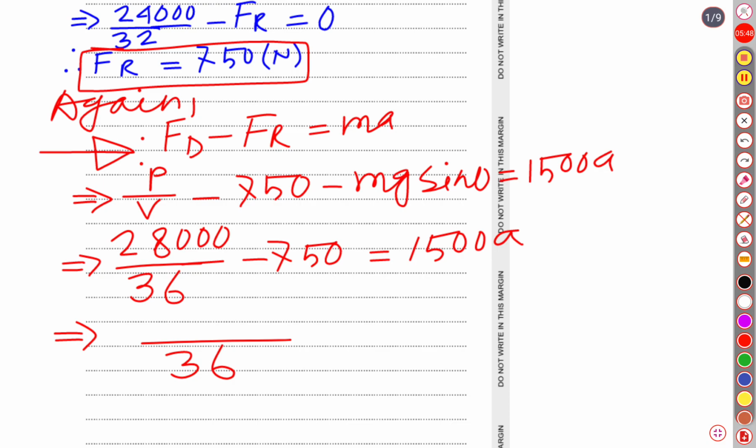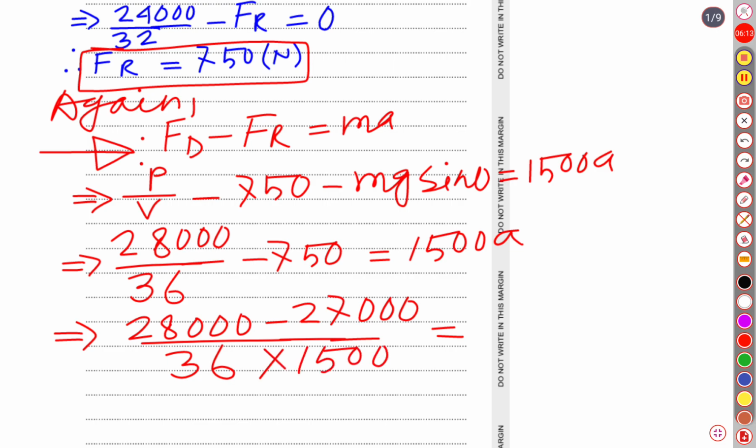If we multiply both of the quantities by 36, it is going to be 28,000 minus 750 into 36, which is 27,000, equal to 1500, or 15 can be transposed to the other side, equal to A. Or A is going to be, if we dissolve the two zeros from every quantity, 280 minus 270, which means it is 10.